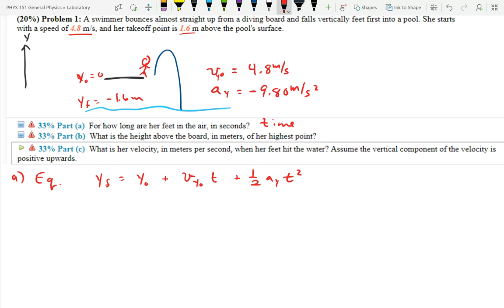Now, when I solve it, I read an article about this that said the master problem solver leaves in all the variables and doesn't put numbers in. The beginner puts in the numbers. What that's saying is we're assuming you are the beginner, that you're more comfortable putting in numbers. A lot of people, when they're in college, feel like numbers are meaningful and variables like y are very nebulous.